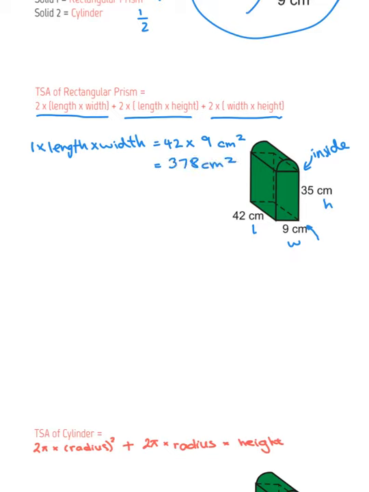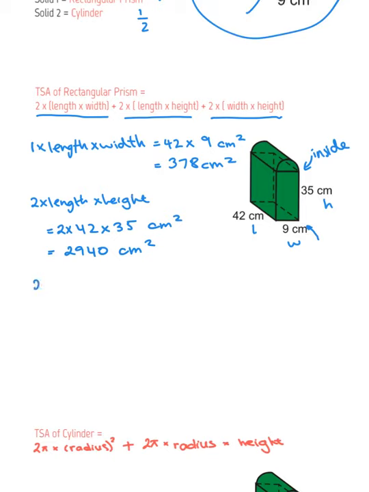That's my first part done. My second part is 2 times length times height, which is 2 times 42 times 35 centimetres squared, and that gives me 2,940 centimetres squared.